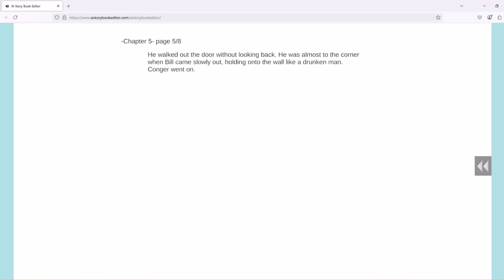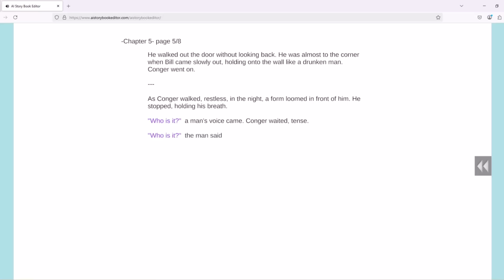Conger went on. As Conger walked, restless in the night, a form loomed in front of him. He stopped, holding his breath. "Who is it?" A man's voice came. Conger waited, tense. "Who is it?" The man said again. He clicked something in his hand. A light flashed. Conger moved. "It's me," he said. "Who is me?" "Conger is my name. I'm staying at the Appleton's place.